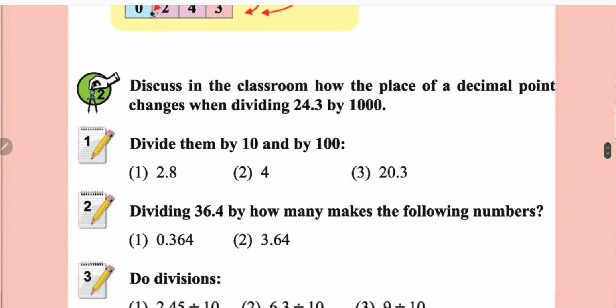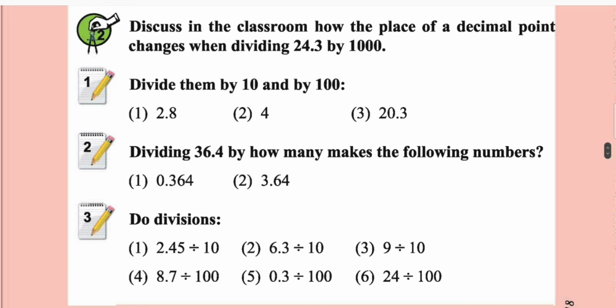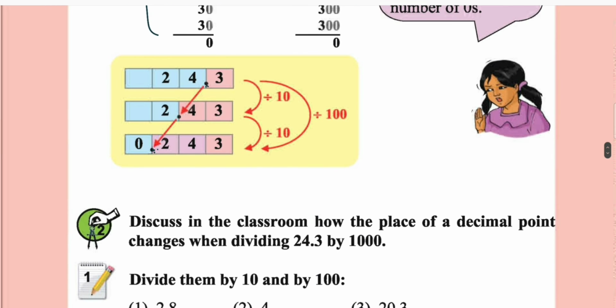Discuss in the classroom how the place of the decimal point changes when dividing 24.3 by 1000. Now again one more 10. Now write 0. Write just 0 2 4 3. Keep 0 here.